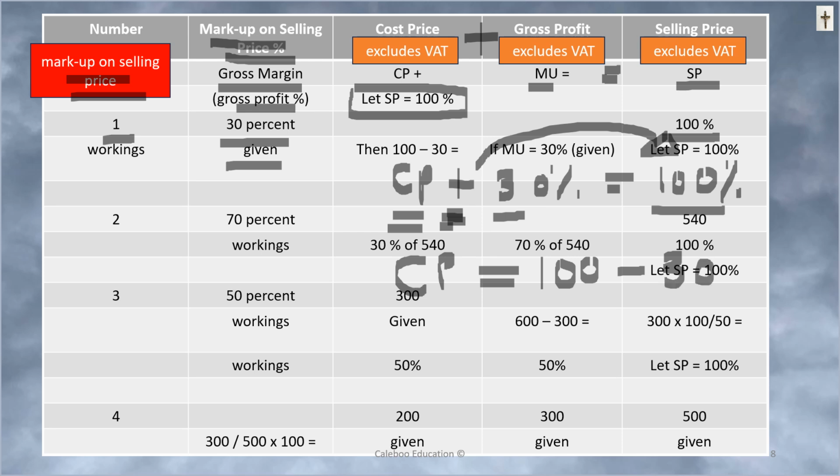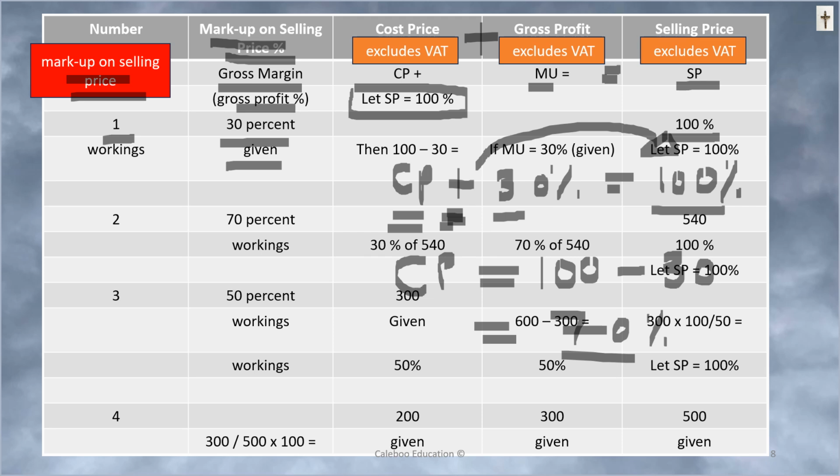If that didn't make sense to you, you need to catch up on your math rules, but that will equal 100 minus 30 is 70%. So in number 1, cost price is equal to 70%.